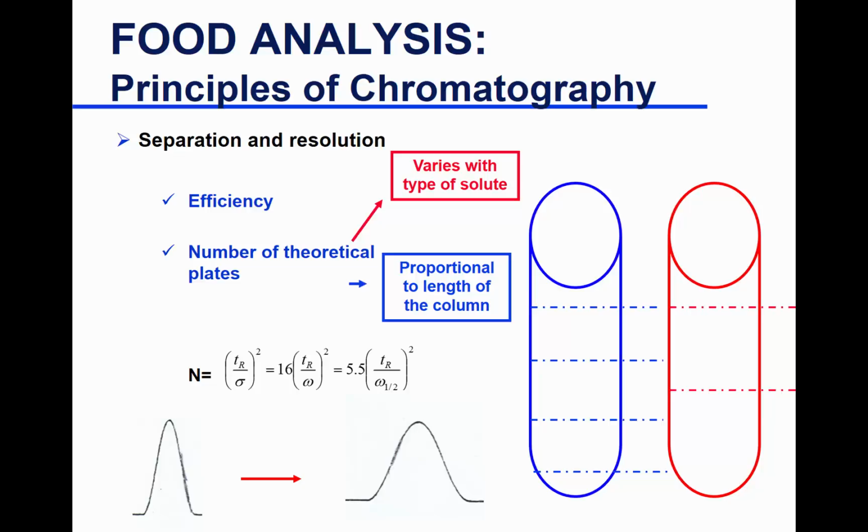So your solute here is equilibrating over a broader area on your column. It's diffusing within your column rather than going in and out. So you get a peak that is broad instead of this nice sharp peak.